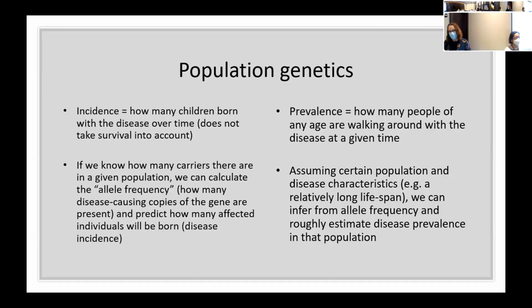Thank you. One distinction that it's helpful to make, and that Malcolm made at the end of his talk yesterday in the scientific portion of the conference, is something in population genetics that we call incidence versus prevalence. Incidence just means how many children at any given time are being born with the disease. Prevalence, on the other hand, is how many people of any age are walking around with the disease.